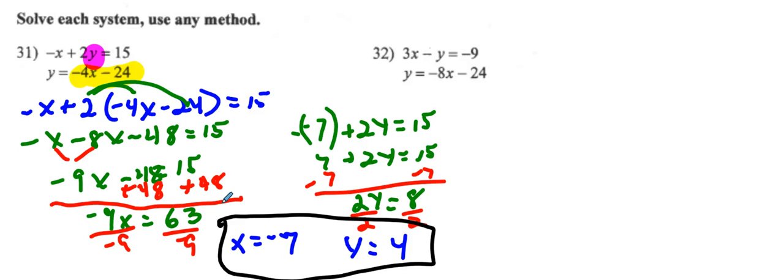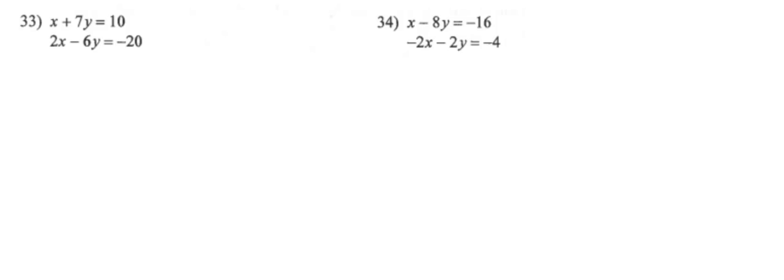We have one more problem to do on this page. It's number 33. x plus 7y equals 10, 2x minus 6y equals negative 20. In this case, I'm in standard form, so you could use matrices if you saw 1, 7, 10, 2, negative 6, negative 20. But I'm just going to keep this one on the page where we can see it.